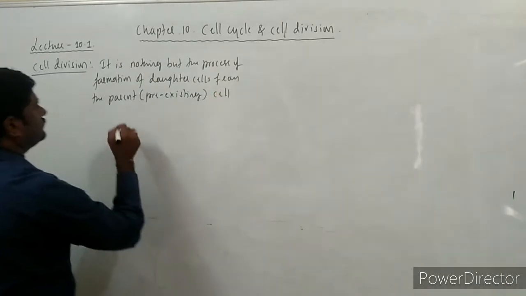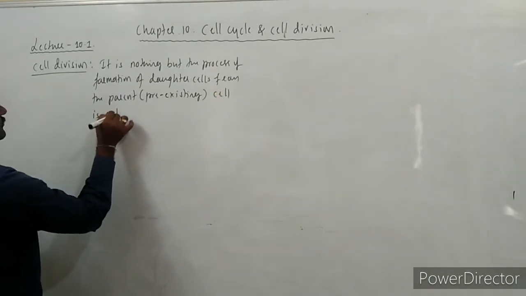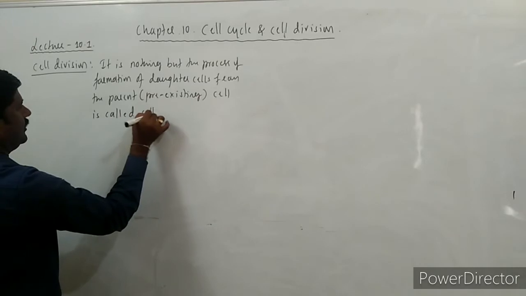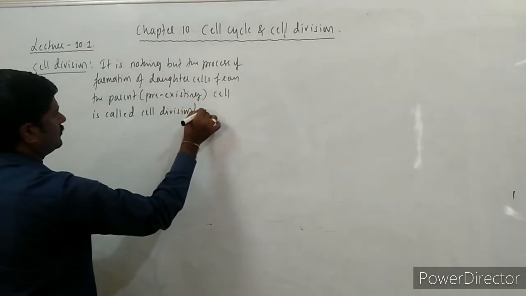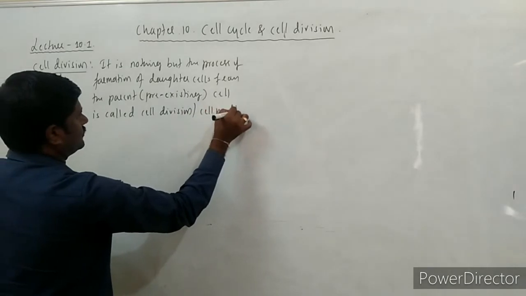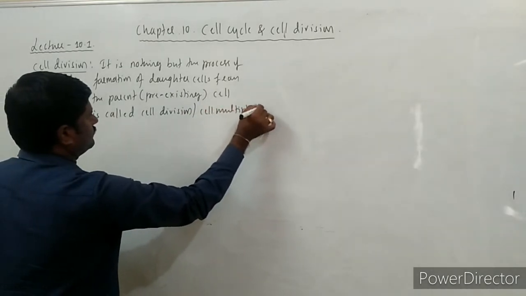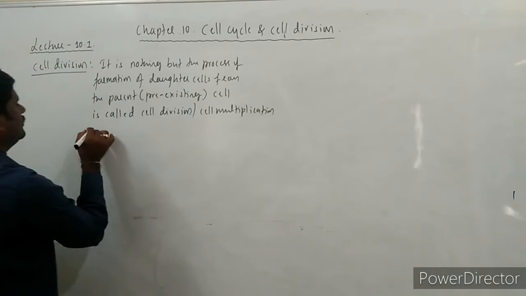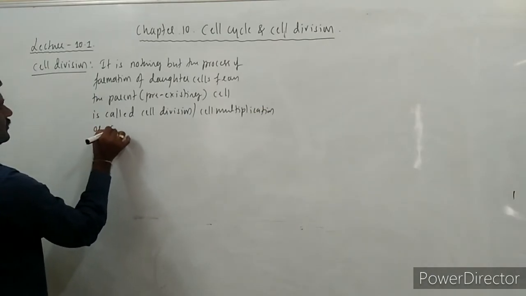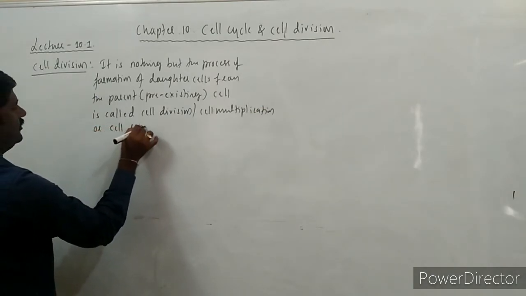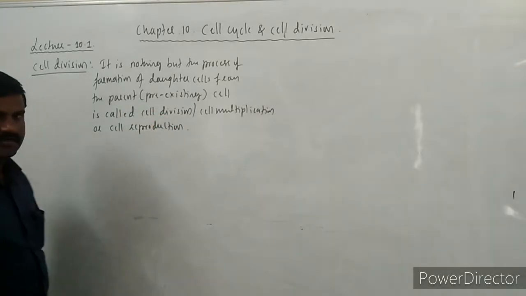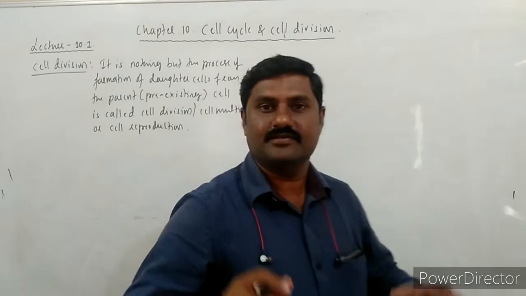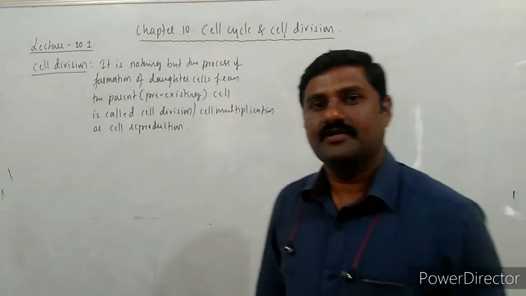Parent cell. This is called cell division, or it is also called cell multiplication, or it is also called cell reproduction. Cell reproduction, right? So this is a more important aspect.